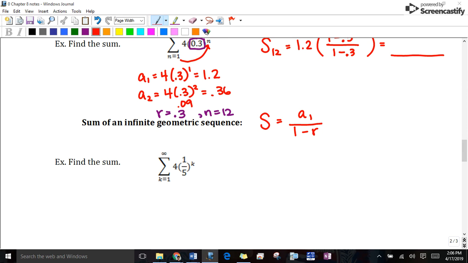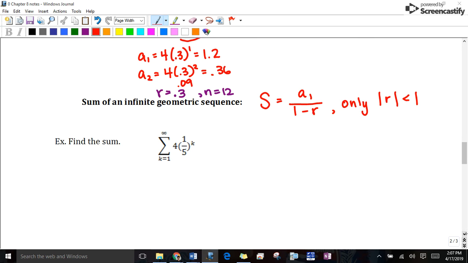Now, the condition that's been set here is that these only have a sum if the absolute value of your r, so the positive value of your r, is smaller than 1, which means we're multiplying by something less than 1. Our numbers are sequentially getting smaller and smaller, and eventually will turn into a number as close to 0 as you can get. Those are the only types of infinite series that have a sum.